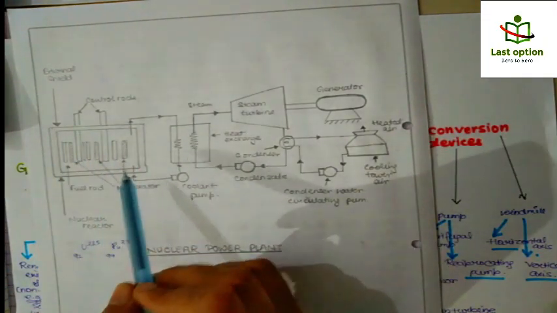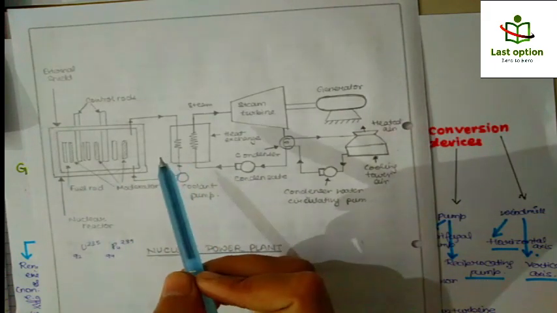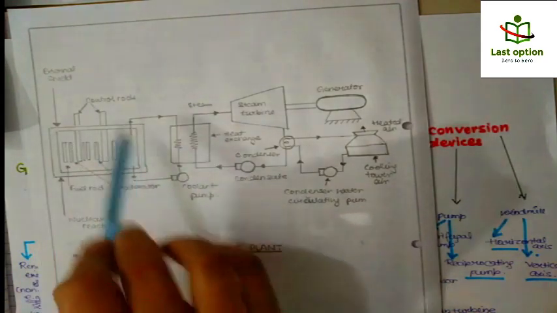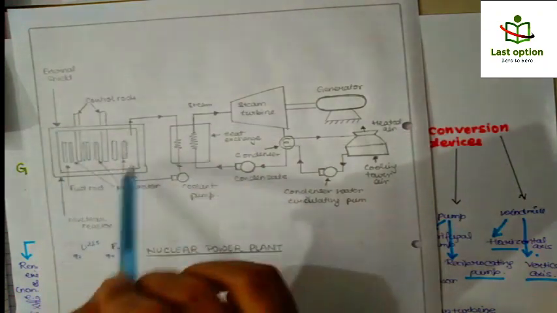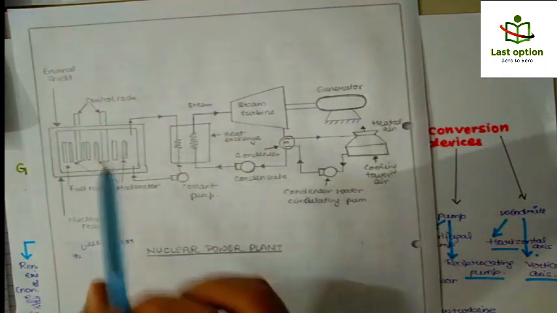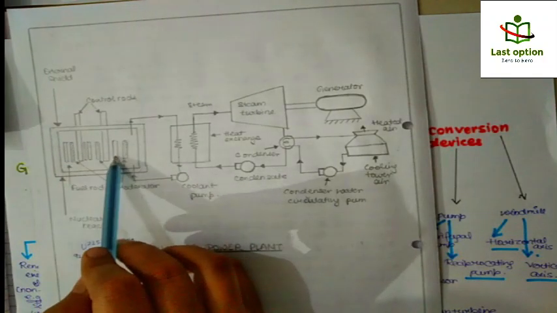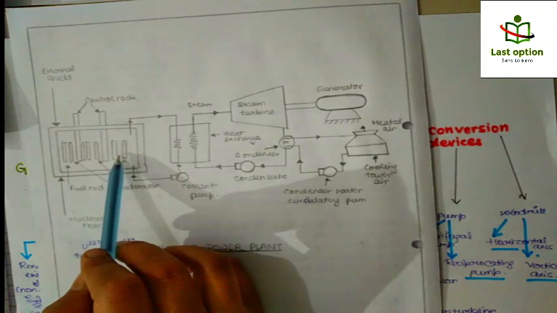There is also a reflector, made of the same material as the moderator, which reflects the neutrons so they remain within the boundaries of the nuclear reactor. The coolant is used to cool down the reaction, since the temperature rises very much.